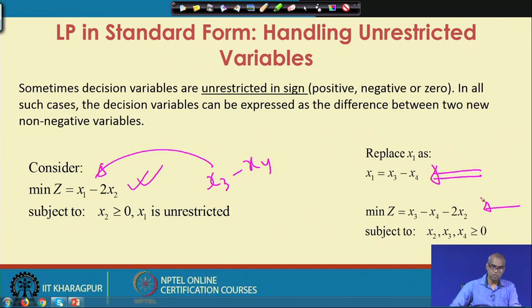And of course, the non-negativity constraints now become x 2 greater or equal to 0, x 3 greater or equal to 0, x 4 greater or equal to 0. Note that the new problem formulation does not contain x 1, because x 1 has been replaced as the difference of two new non-negative variables, x 3 minus x 4.